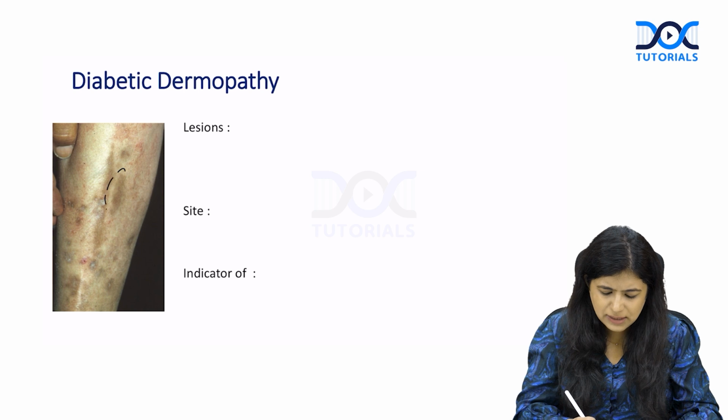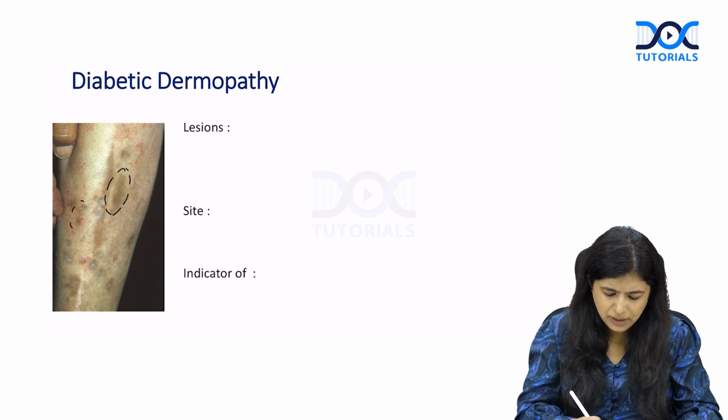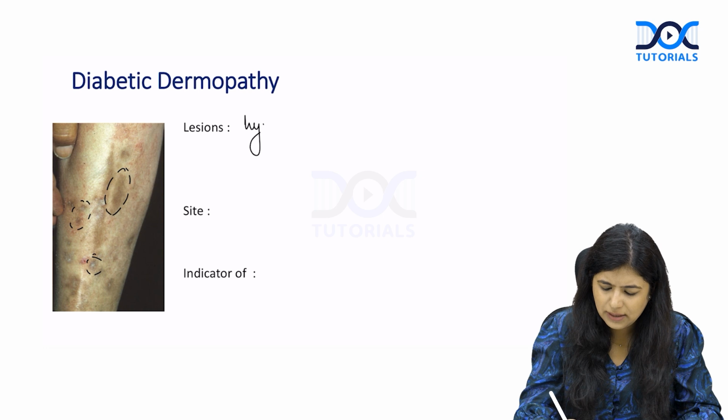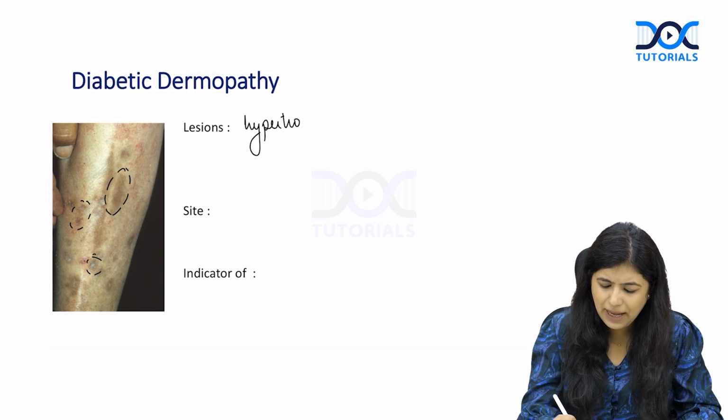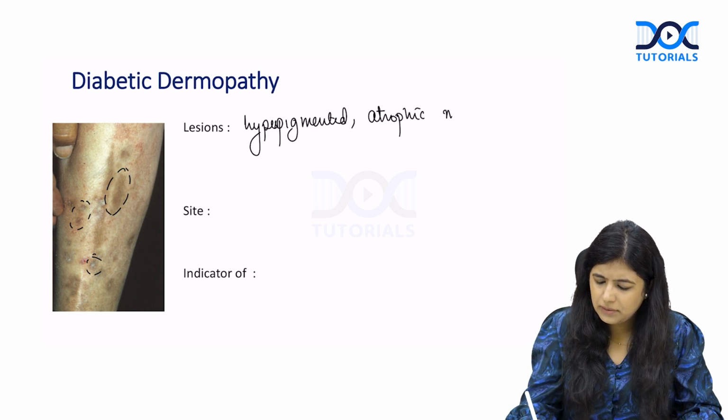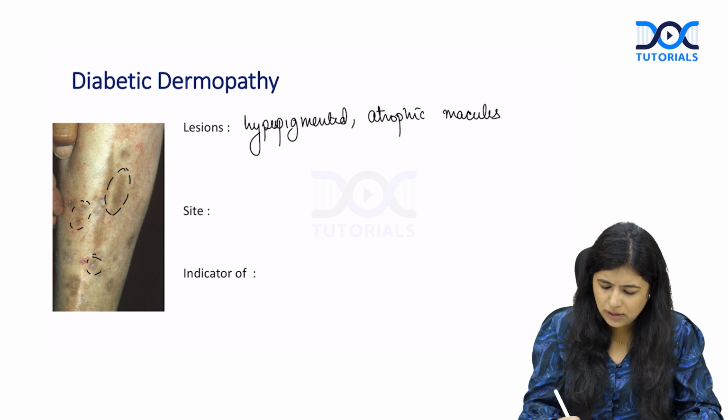What you get are these hyperpigmented atrophic macules on the shins. So these are hyperpigmented atrophic macules on the shins of the patients.